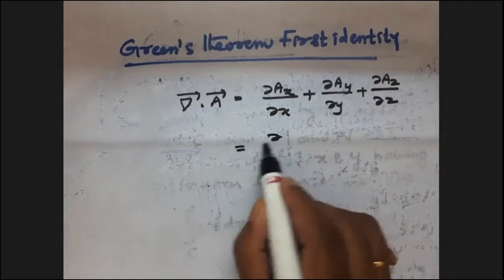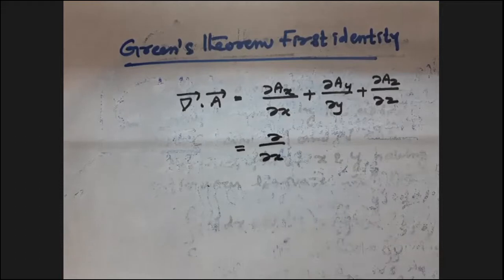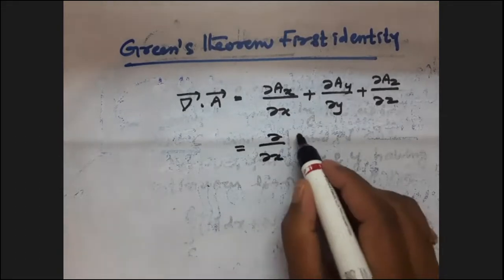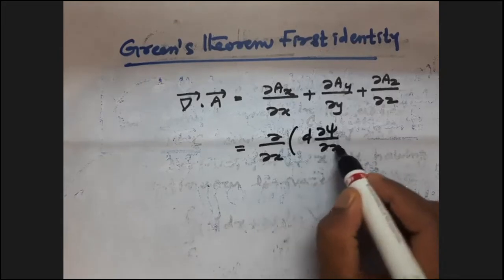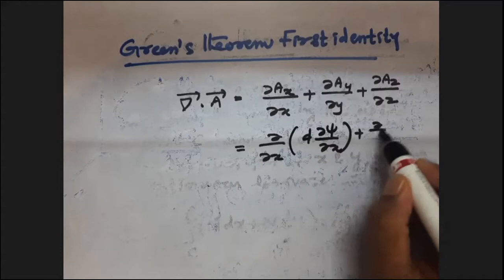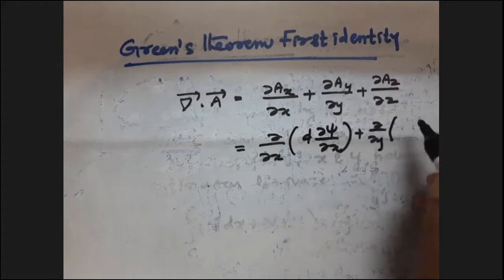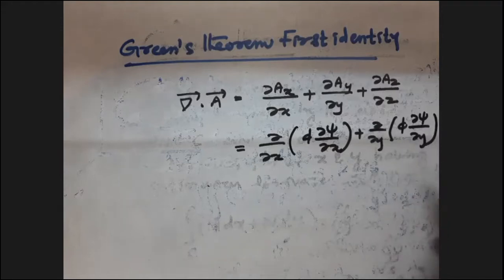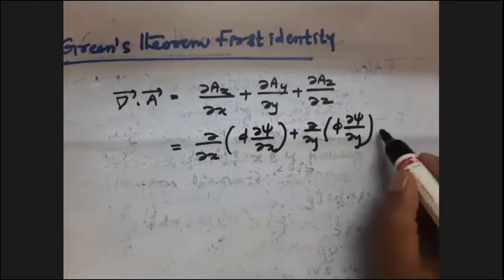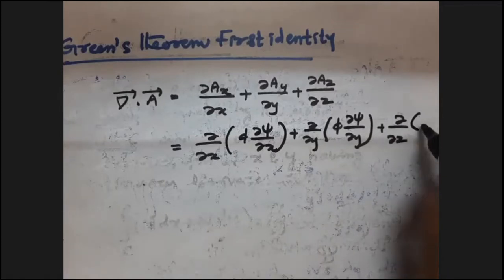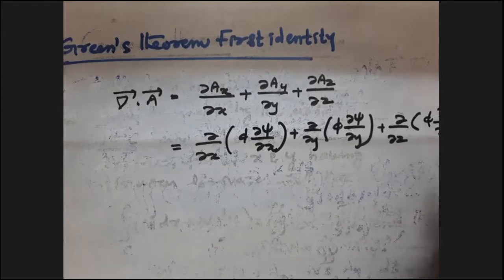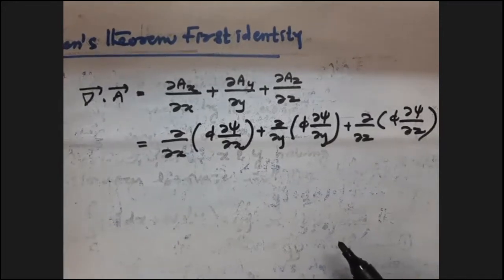That equals dou by dou x of Ax, which we have just written as phi dou psi by dou x, plus dou by dou y of Ay, which is phi dou psi by dou y, plus dou by dou z of Az, which is phi dou psi by dou z. Right, sir?